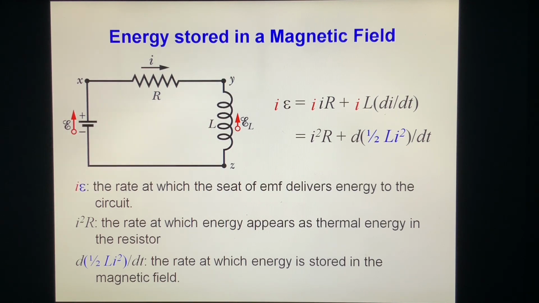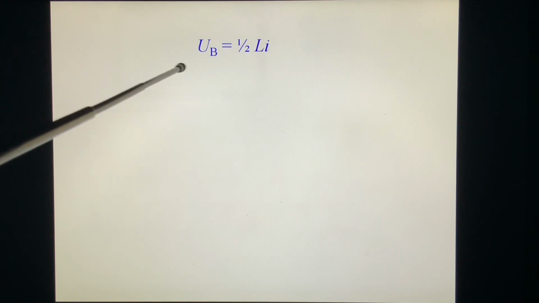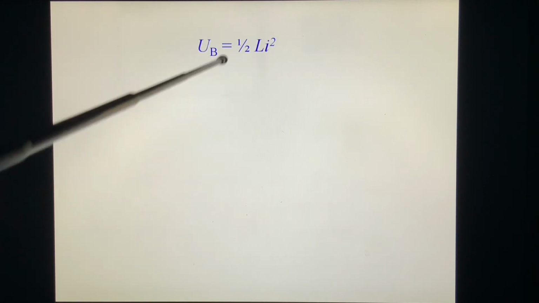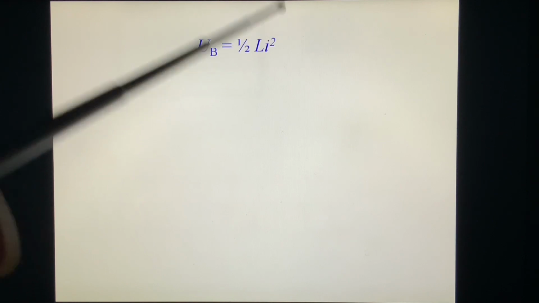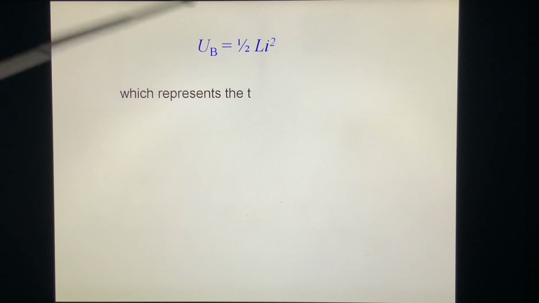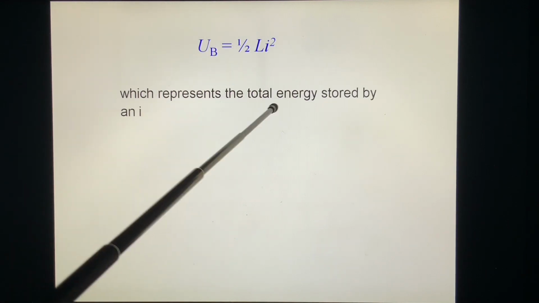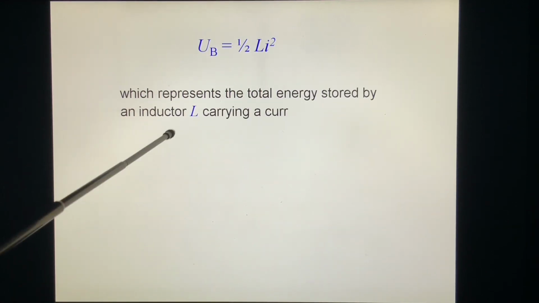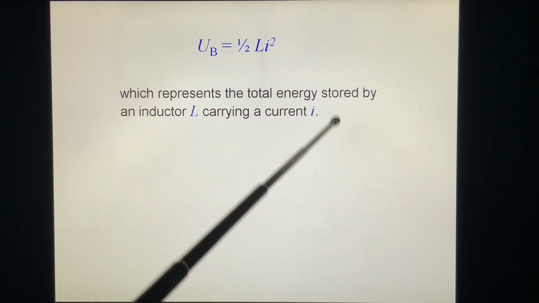Inside you have a magnetic field, right? So the total energy U in the coil is half L I squared. L is the inductance of the inductor, and I is the current passing through it. This represents the total energy stored by an inductor L carrying a current I.